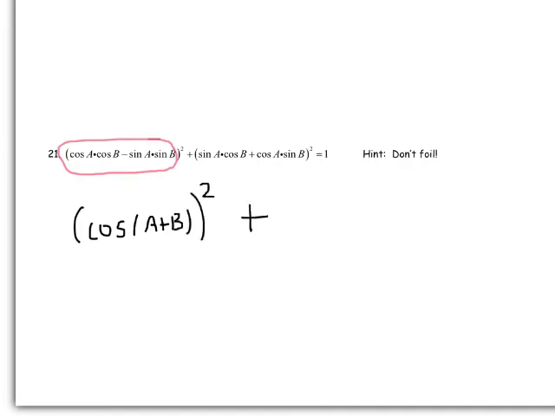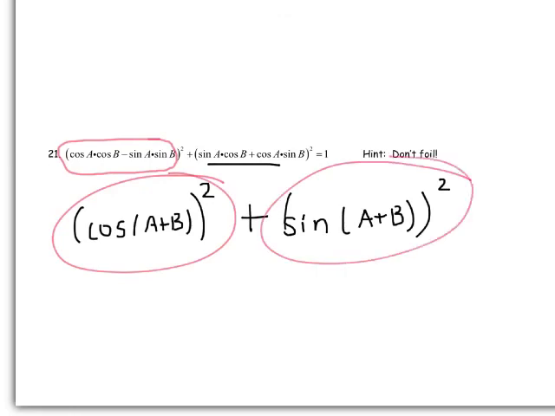And then plus, this matches up to sine A plus B squared. So we end up with cosine squared plus sine squared, which equals 1. And that's it.